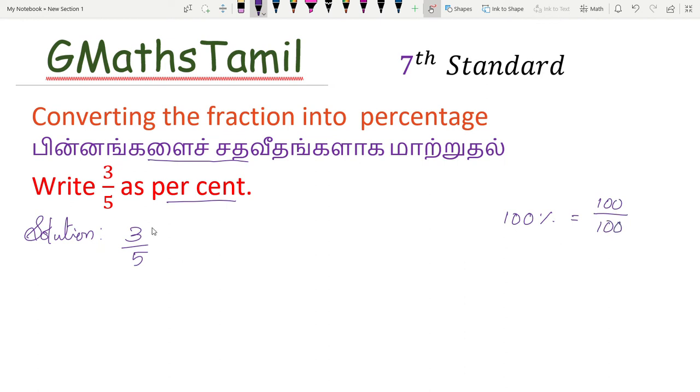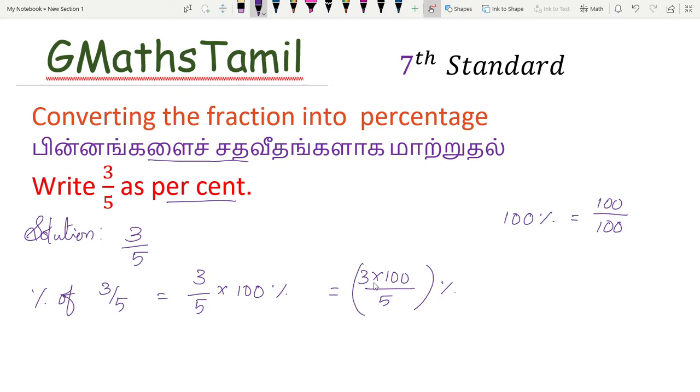From this, we can do percentage of 3/5 equal to 3/5 into 100 percentage. Come, we can take 3 into 100 divided by 5 into percentage.